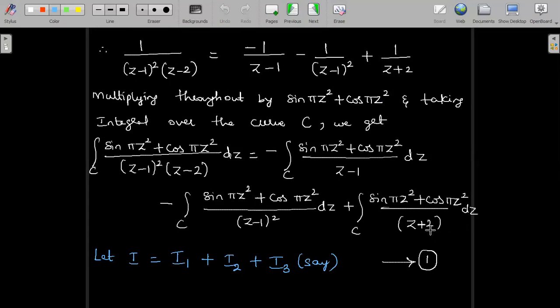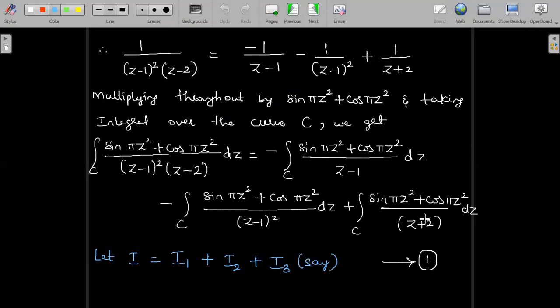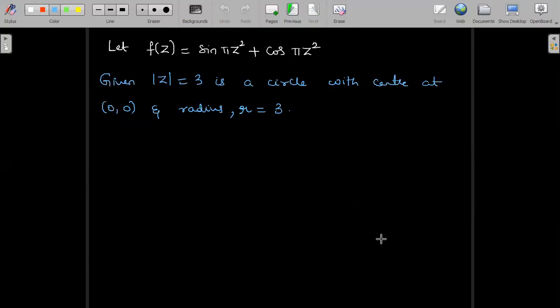Let us observe that each of these points lies within the given circle, since the radius is 3. Each of these values, 1 and minus 2, is less than the radius 3. That is the reason they lie inside the given circle.